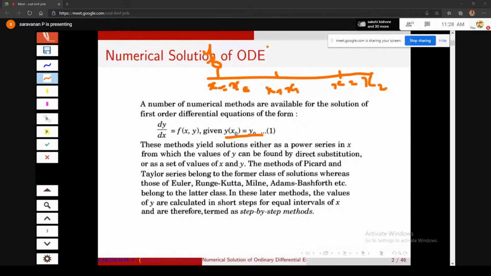So we have to compute what will be the value of y1, then what will be the value of y2, etc. And all these are at equal intervals. So x1 is nothing but x0 plus h. X2 is nothing but x1 plus h, or x0 plus 2h, etc. Okay, so this is the problem. Now we will see, actually there are 5 methods in your syllabus. We will see one by one.